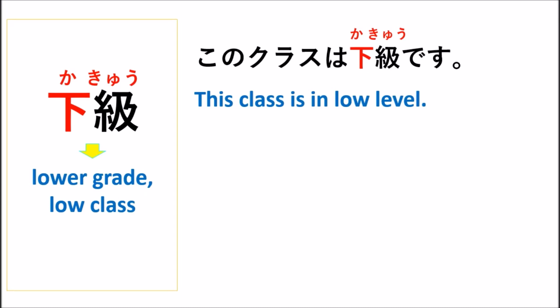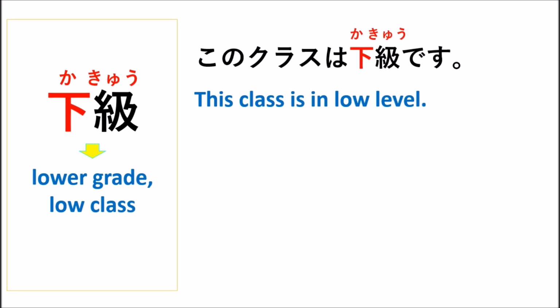Ka-Q means lower grade or low class. The kanji ka, or the kanji shita, means something under or something low, a low position.